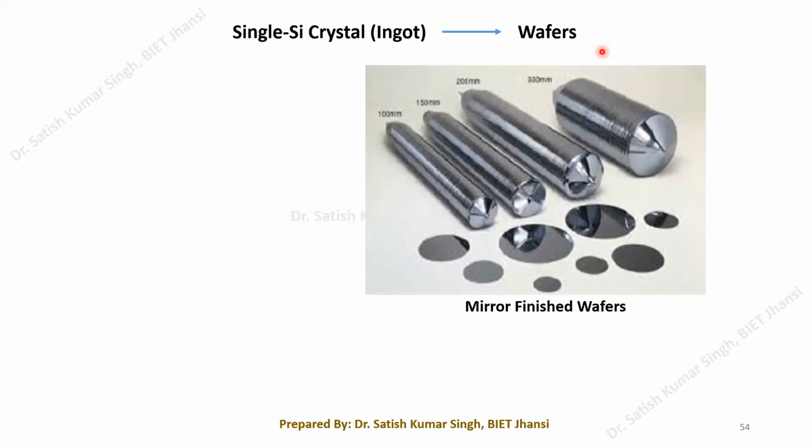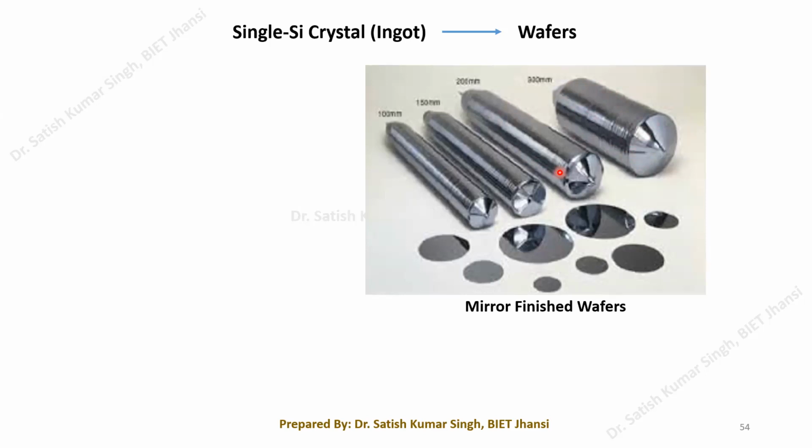So basically what we have done so far, we have already seen how to obtain this particular single crystal ingot. Okay. So this we have already got, and I have already explained that there will be several diameters of our crystal that can be grown. Fine.